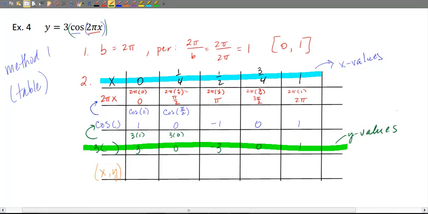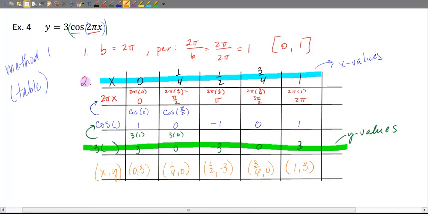Because I have both x values and y values, I can write them as ordered pairs. So this ordered pair would be 0, 3. The second ordered pair, 1/4 and 0. 1/2, -3. 3/4, 0. And 1, and that's not 1 down there. That should be a 3, shouldn't it? So this should be 1, 3.